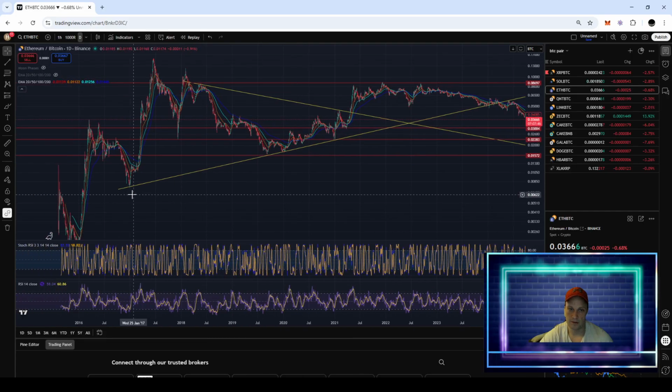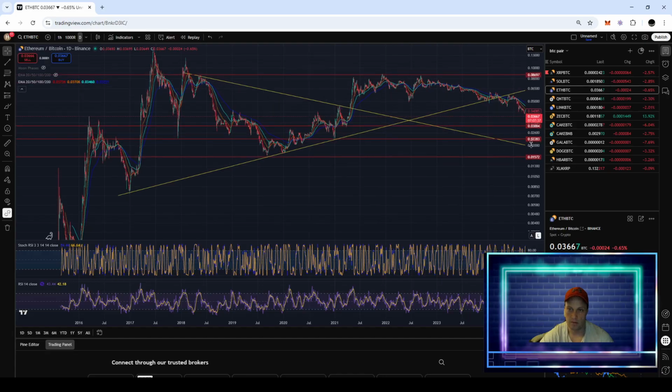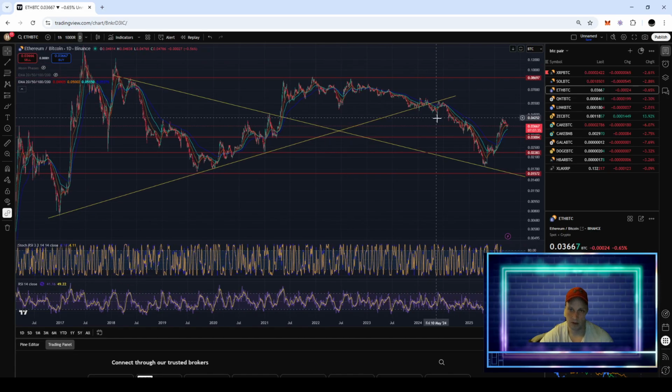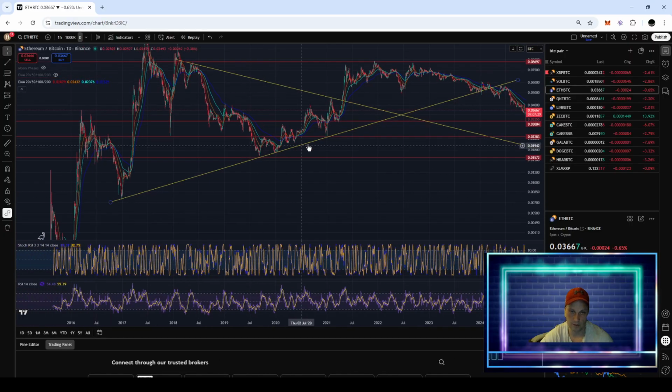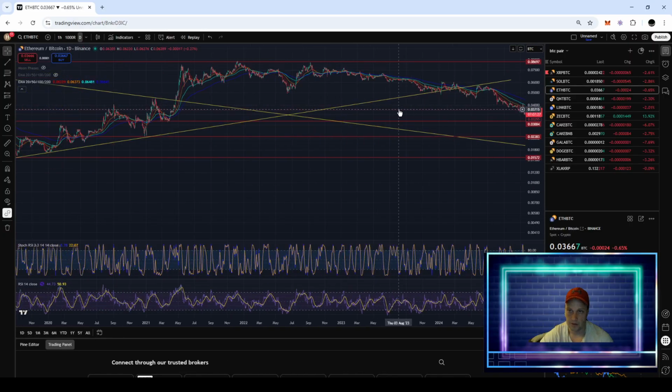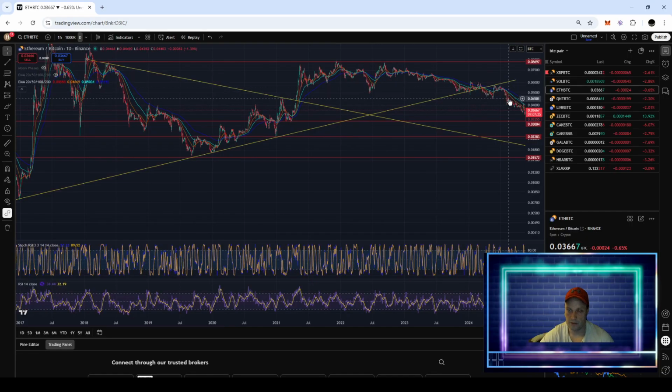Here we had this long uptrend, but this was a very important point where, if you've been an ETH holder and you watch these charts, you could have decided, okay, this is not looking good for Ethereum. We broke this upward trend, and we rejected here.